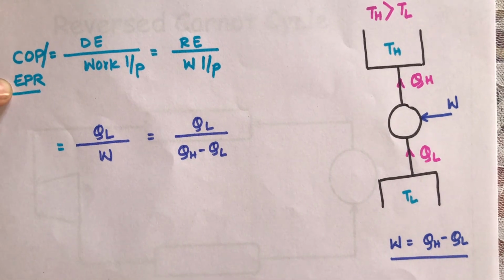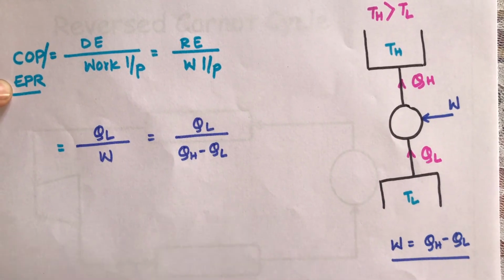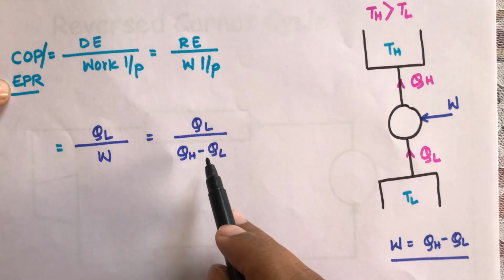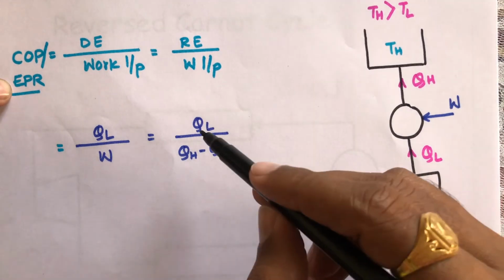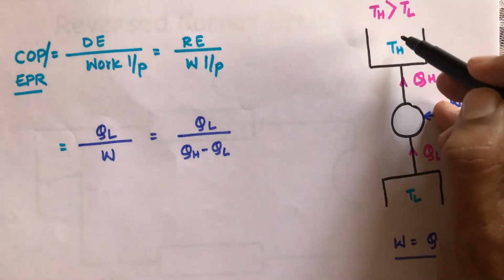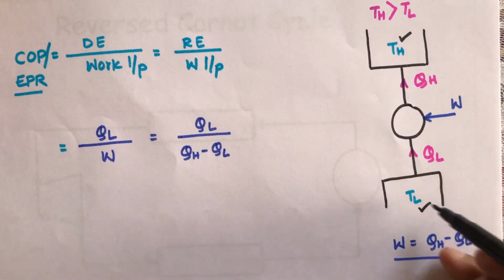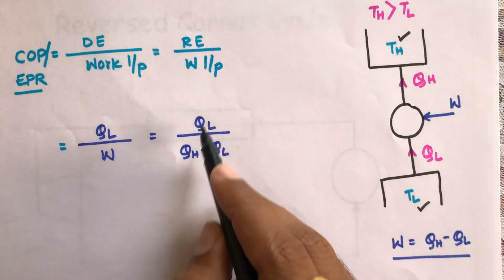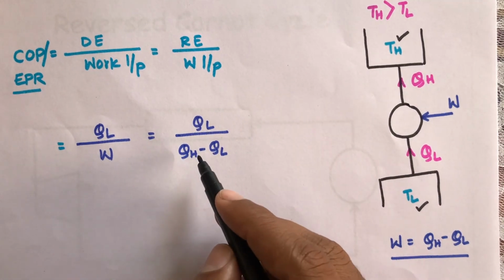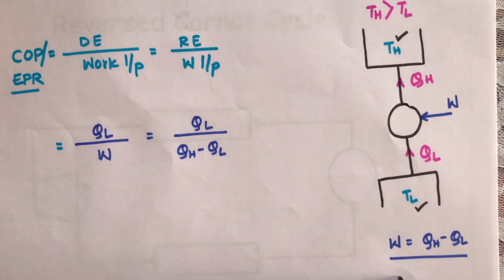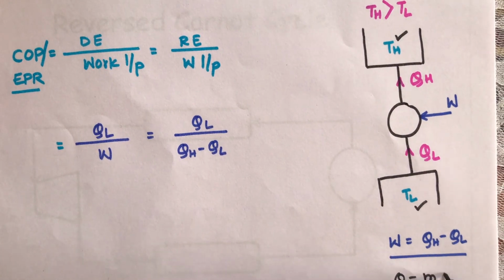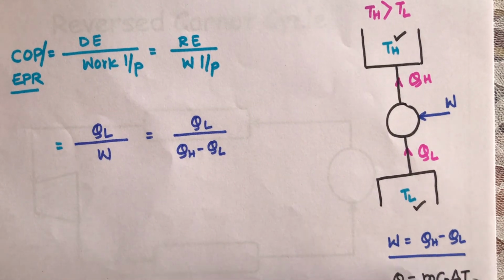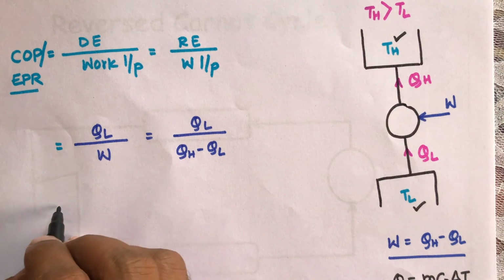Now let us say that we do not know the values of QH and QL, and instead we know the values of TH and TL. Then how can we modify this equation? We know that QH and QL are changes in internal energies, so I can write Q equal to mCp into delta T.